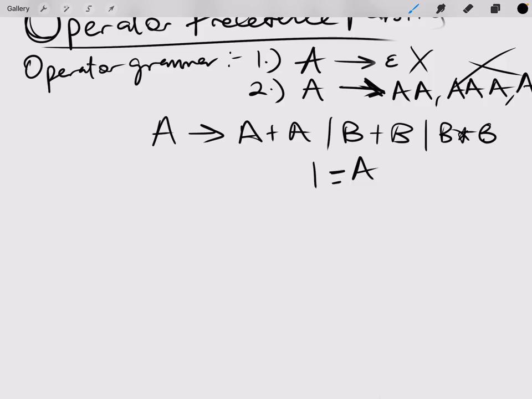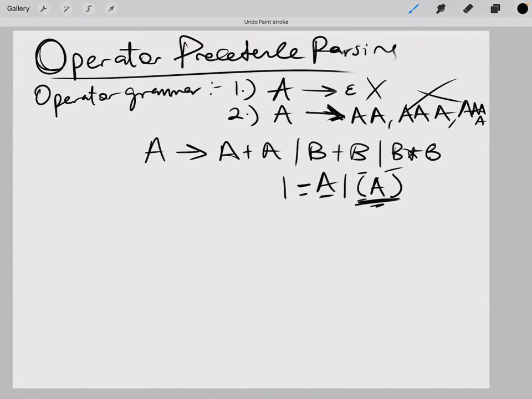There's one non-terminal, one terminal, one non-terminal. In this case we are having adjacent things going on, but it's not two adjacent non-terminals. These are terminals next to non-terminals. So this still checks out. These are the things that determine the operator grammar, so this is what an operator grammar is supposed to look like.